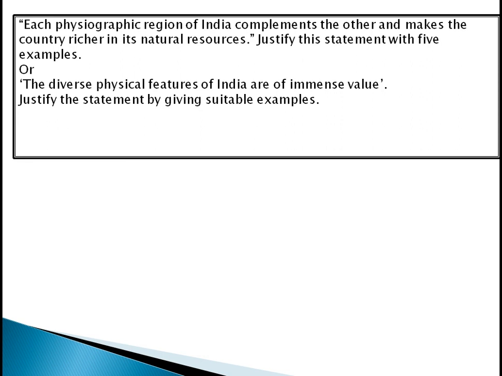Each physiographic region of India complements the other and makes the country richer in its natural resources. Justify the statement with 5 examples. Or it can be asked, the diverse physical features of India are of immense value. Justify the statement by giving suitable examples. So if this type of question comes in the examination, what are you going to write?